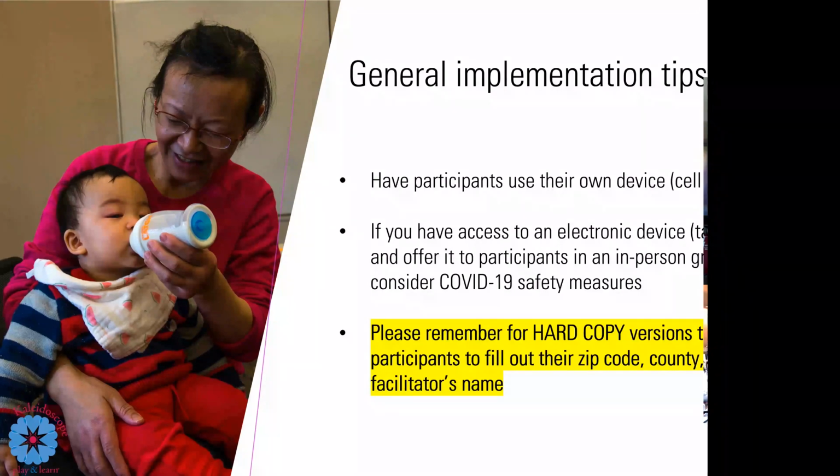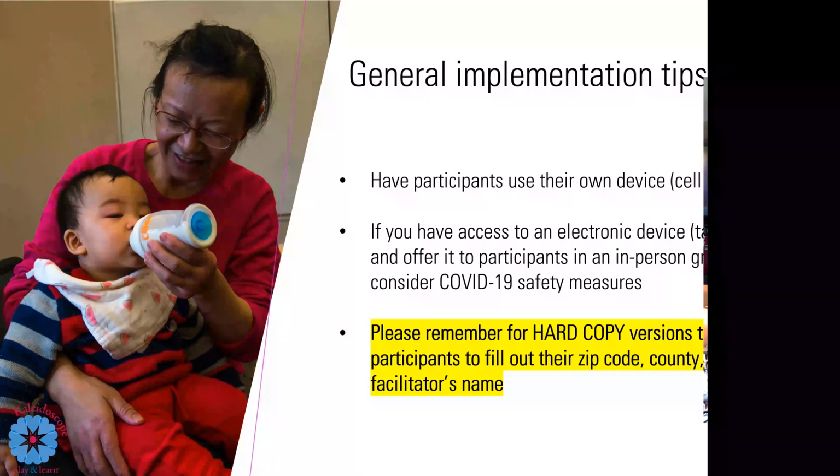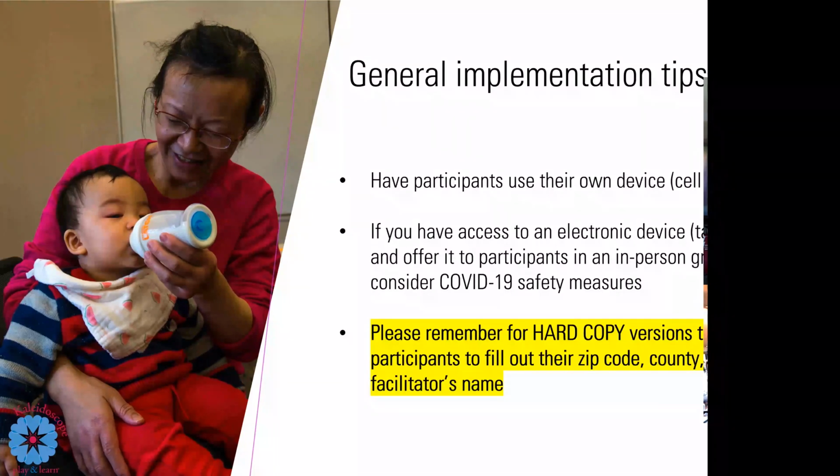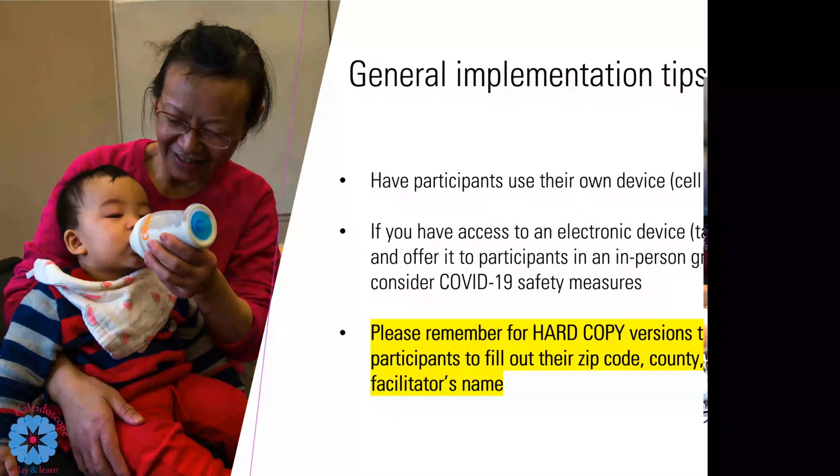Thanks, Avit. The next slide is some general implementation tips. You can let participants know they can use their own device to complete the survey if they'd like. SurveyMonkey is very user-friendly on most devices, such as tablets and smartphones.